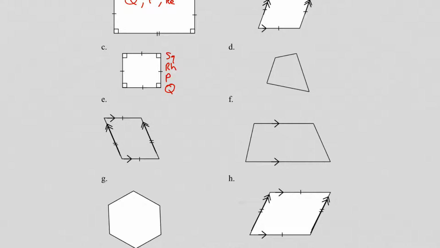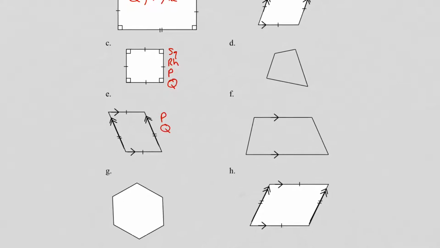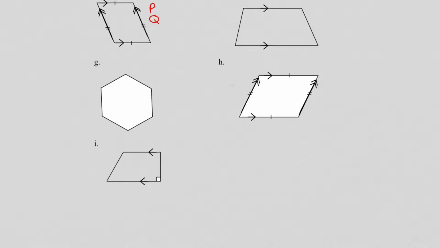Next we have, well, it almost looks like a rhombus, but the sides are not all equal. So this is just a plain old parallelogram. And of course it has 4 sides, so it's a quadrilateral. G, well, doesn't even have 4 sides, so that disqualifies it from everything else.